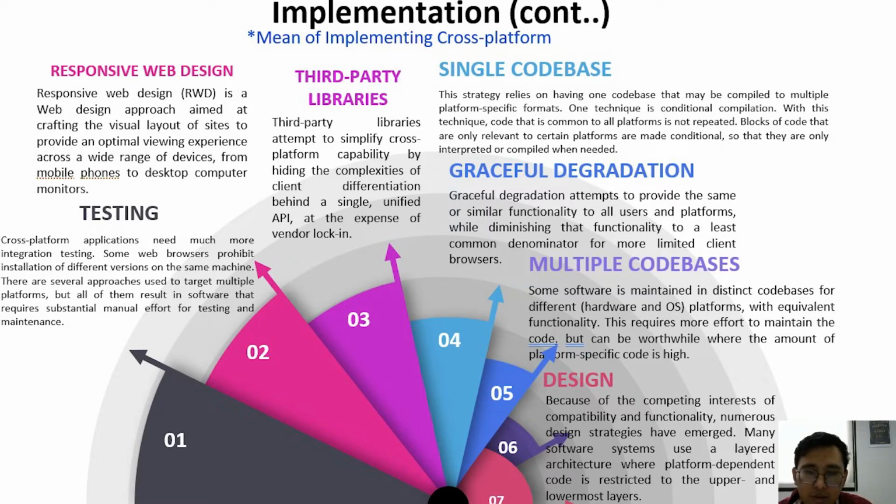Next, let's talk about the means of designing. We have the types of implementation such as responsive web design, testing, third-party libraries, single code base, graceful degradation, multiple code bases, and even design implementation.